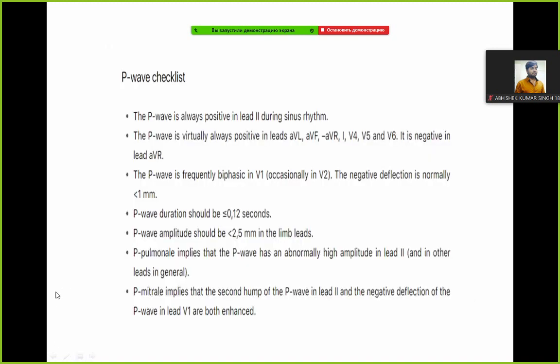P wave checklist, so pay attention to this checklist. This is a description of a normal P wave, and when we talk about hypertrophy of the right and left atrium, in order to find this hypertrophy you must know the description of the normal P wave, this checklist, in order to find the abnormalities of the P wave.